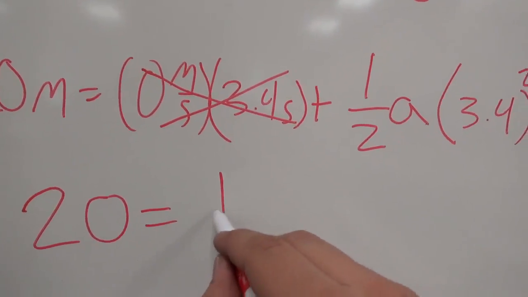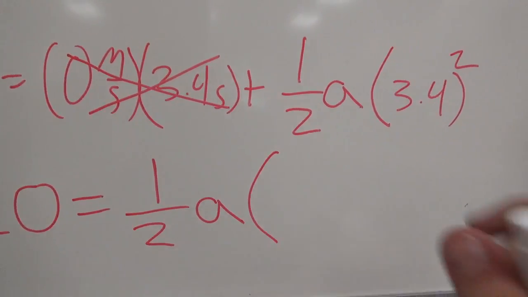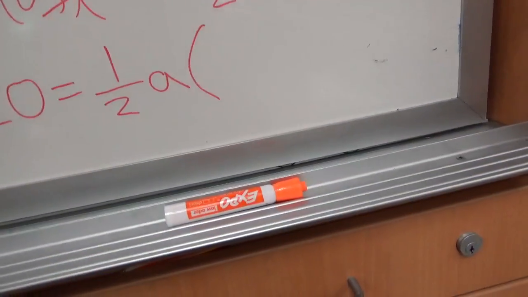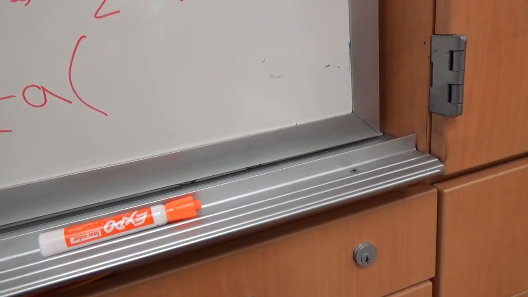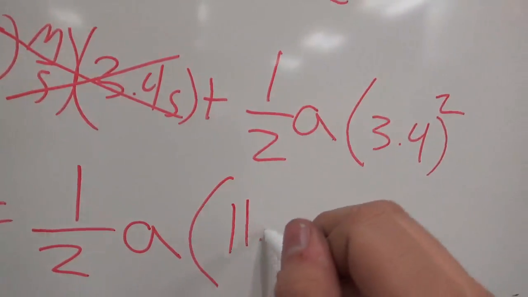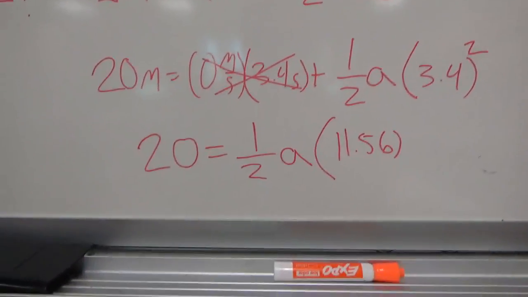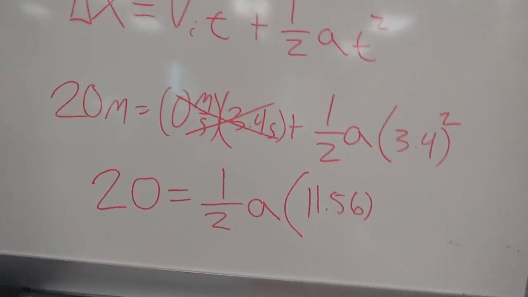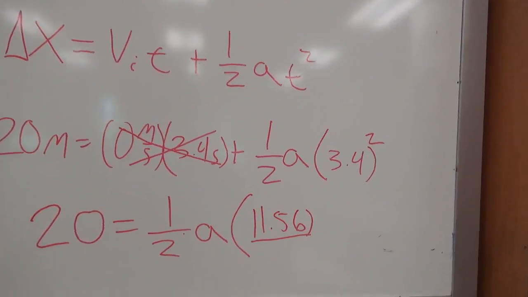I'm just going to ignore units for the moment. 3.4 squared, if I plug that into my calculator, I get 11.56. Okay. So what I can do now is I can actually do 11.56 multiplied by 1/2.